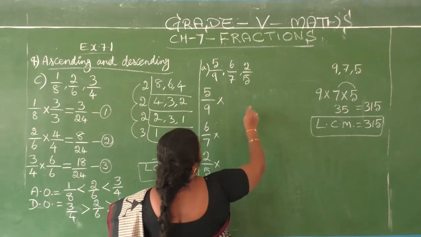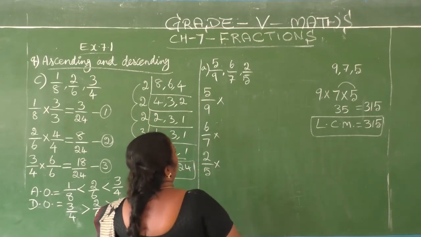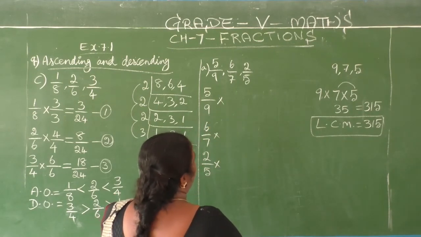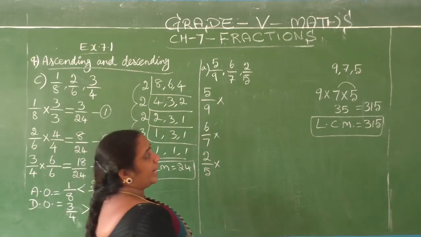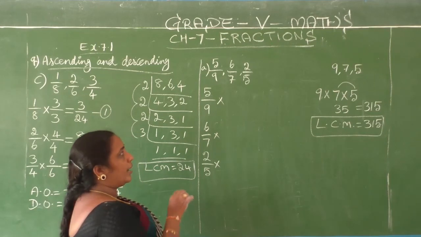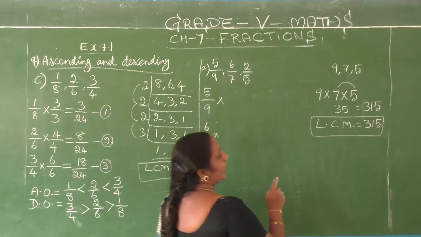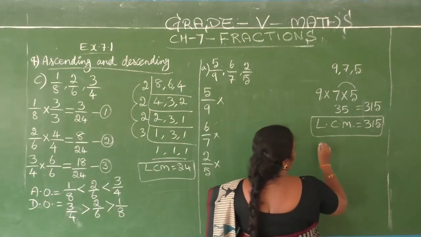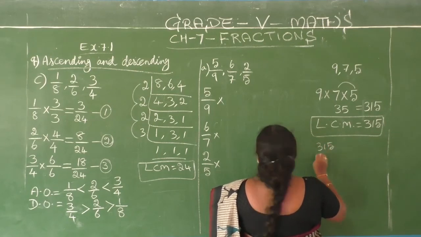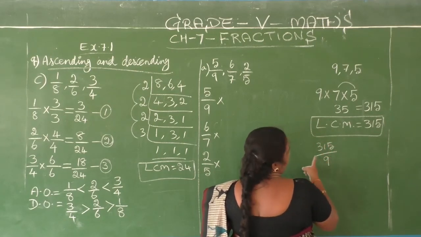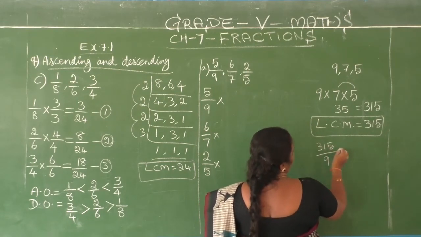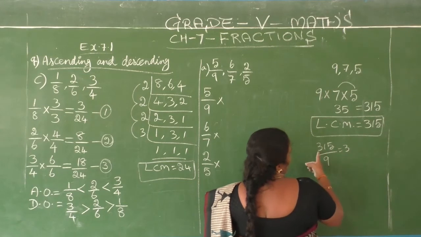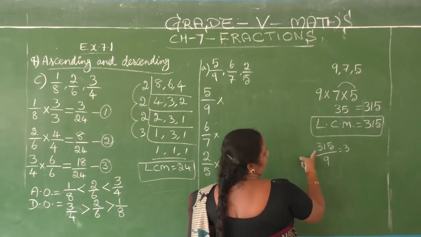See, 315. For 9, I am going to take the 35 table. How do we know this? We have to divide 315 by 9 to get the answer. 9 3s are 27.